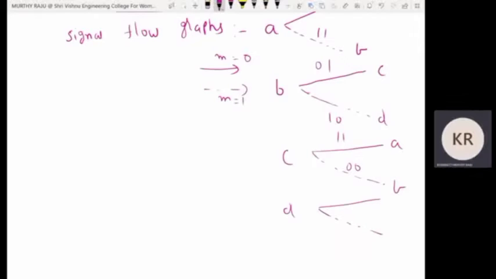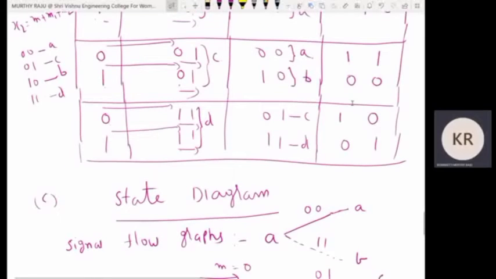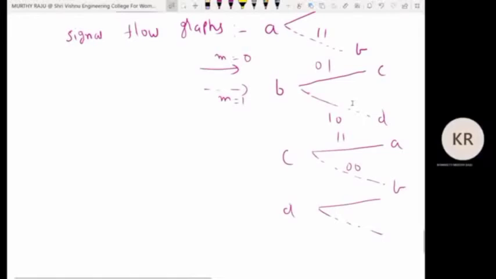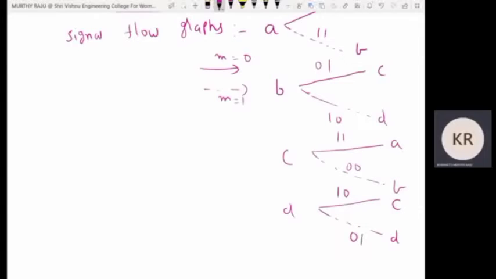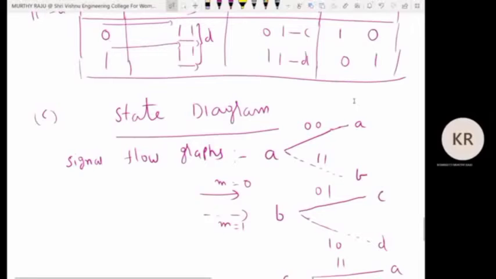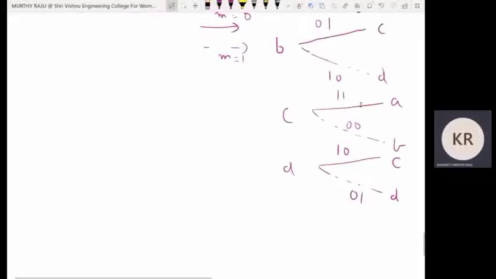Here M is equal to 0: state D goes to state C with output 1 0. You are in state D with input bit is 1, goes to state D with output 0 1.